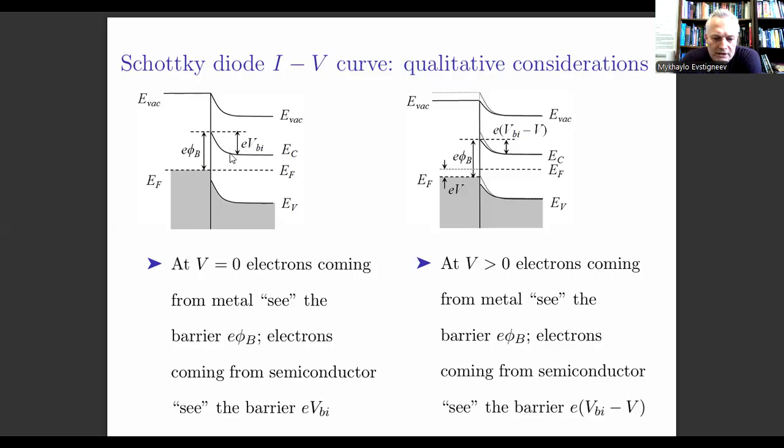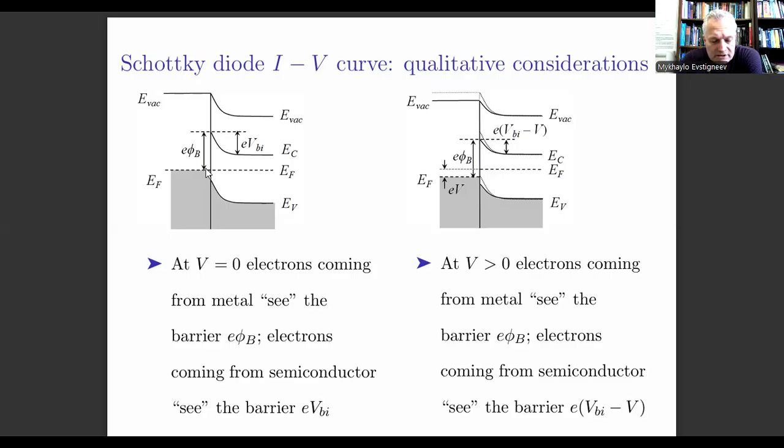In order to make it into the metal, the semiconductor electrons, which live in the conduction band, need to overcome this energy barrier, which is given by the product of the elementary charge and the built-in voltage. And in the simplified and idealized diode model, the built-in voltage is simply the difference between the metal and the semiconductor work functions.